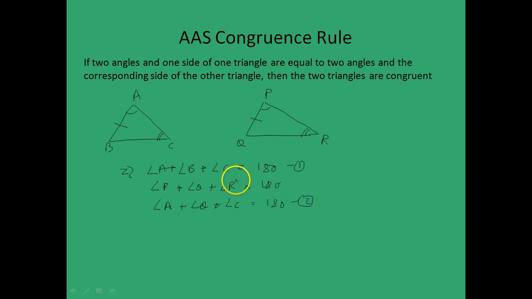And so therefore, by subtracting 2 from 1, you get angle B minus angle Q is equal to 0. This implies angle B is equal to angle Q. So therefore, from just these conditions, you have angle B equal to angle Q also.